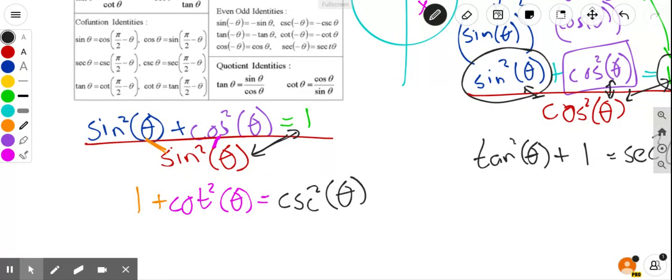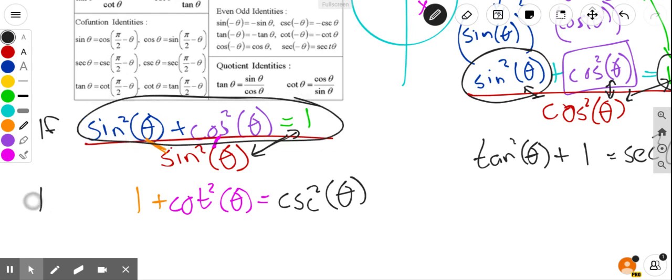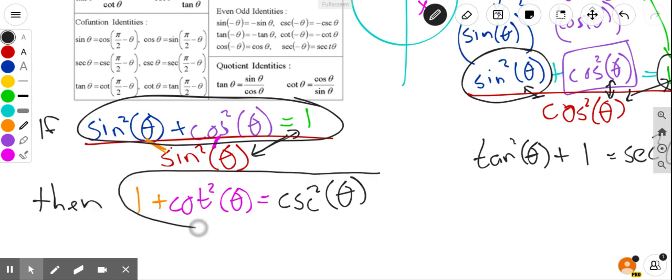right? And right now, what I was doing, I was just able to prove mathematically why, if this is true, then this would also be true.